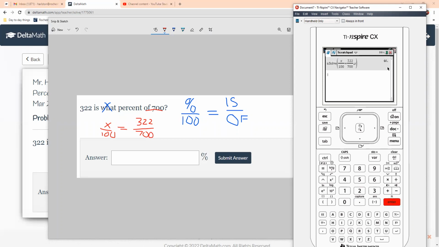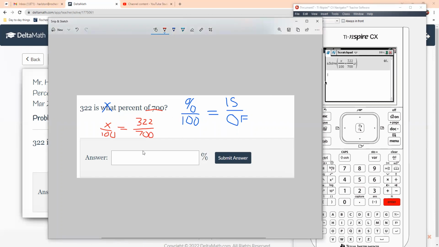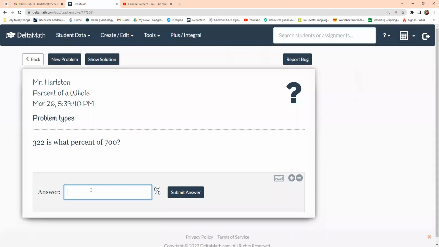It says 46 is the answer, so 46% is what I would write. On Delta Math, that's what I'm going to key in: 46%, and submit it.